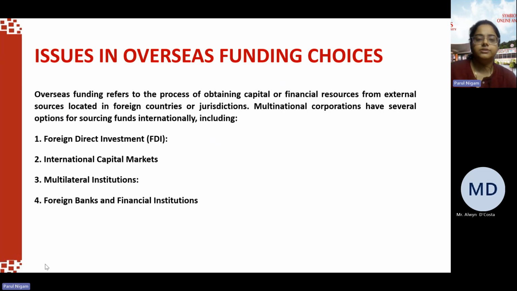Now the last one is foreign banks and financial institutions. Foreign banks operate in a country different from the home country. That is a foreign bank. These banks facilitate international trade, foreign investments, and global financial transactions, and they play a significant role in integrating domestic markets with the global financial system.